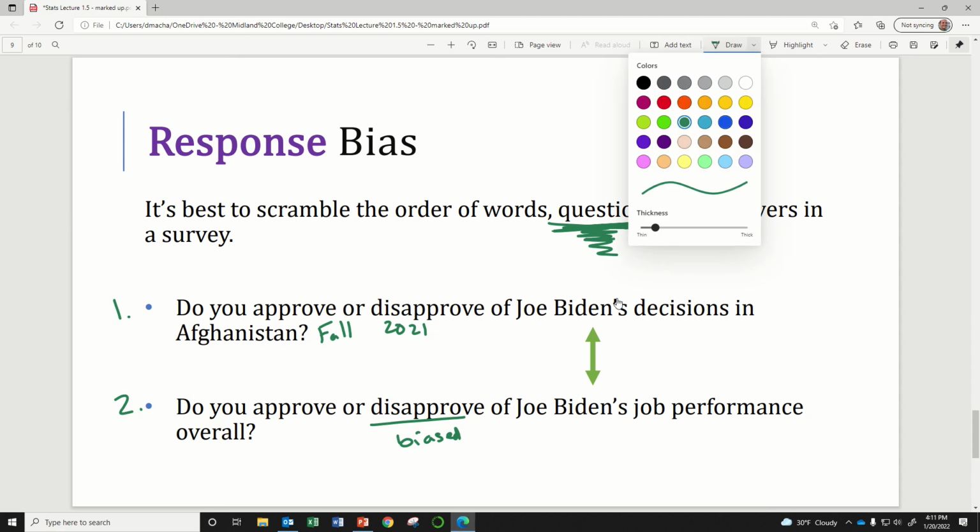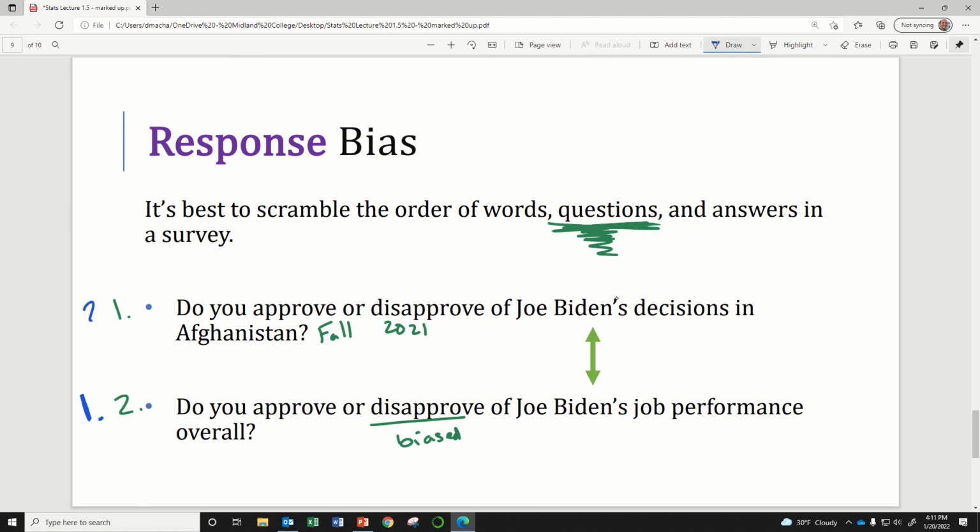Whereas if we flipped the order, this would be a little bit more biased towards approve, because you're not bringing up a traumatic event into the forefront of people's minds. You're not reminding them of something really bad that happened during his presidency right before you ask about an overall approval rating.